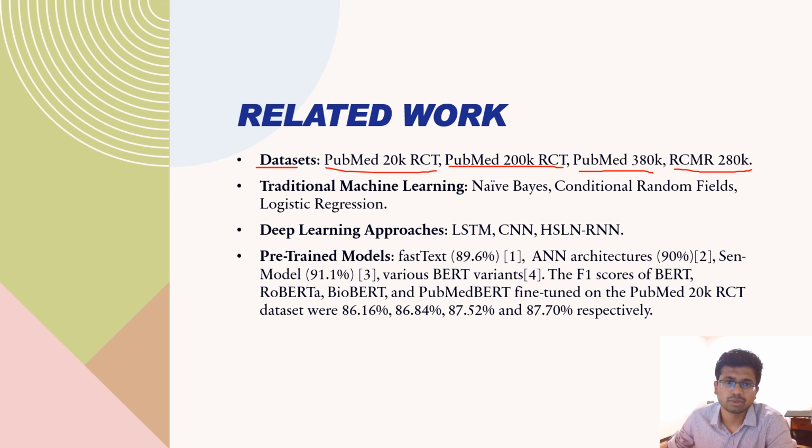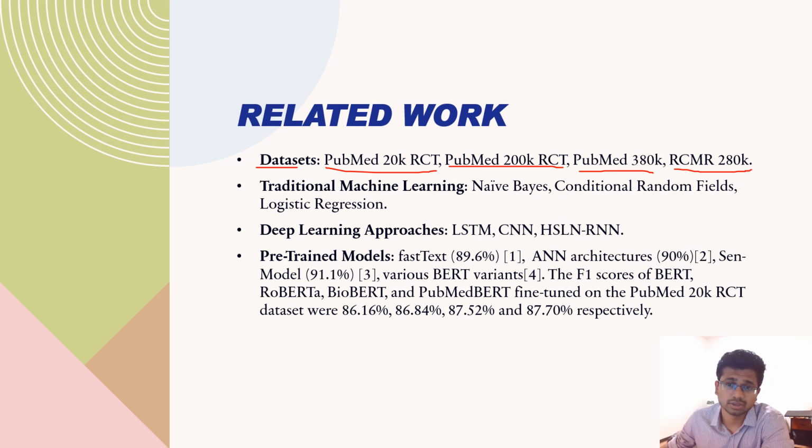So if we discuss PubMed 20K RCT, this dataset consists of sentences from PubMed articles and their associated labels like background, objective, method, results, and conclusion associated with each of the sentences. The 20K here represents the number of abstracts used to create the dataset, and the RCT is the subdomain.